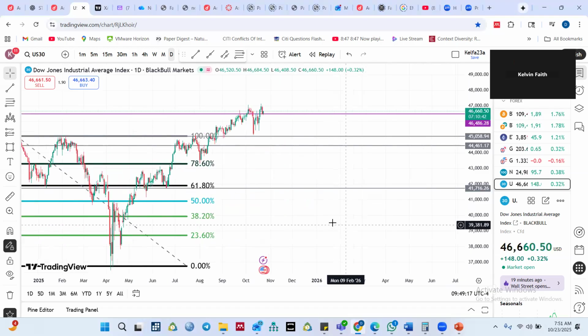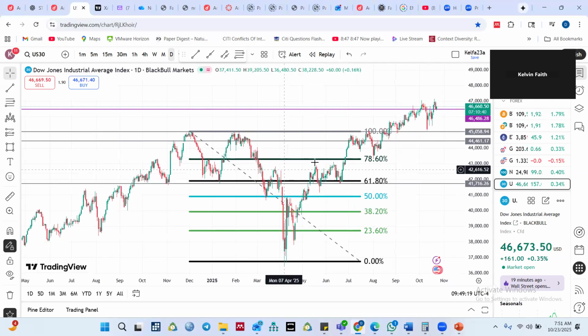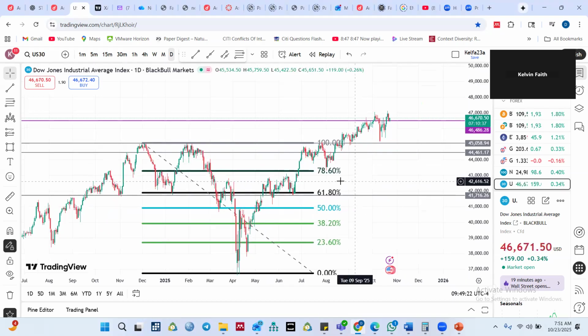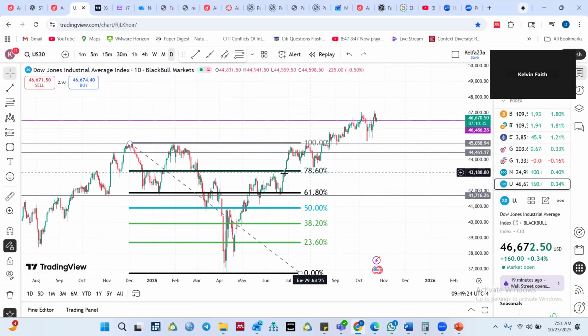So if we measure this range, we have to look at 78.6%.